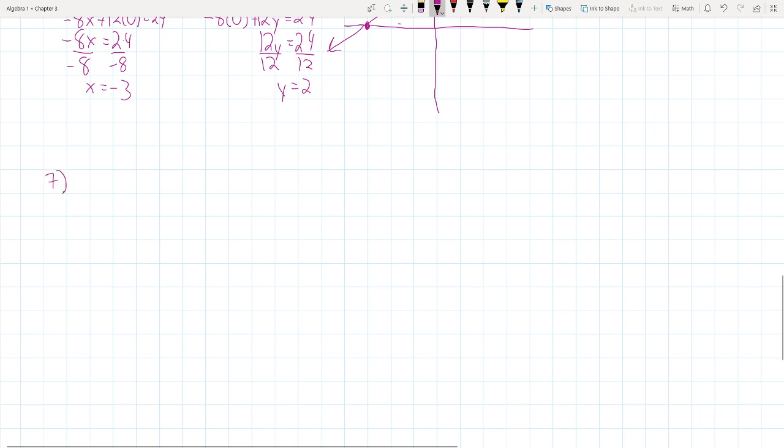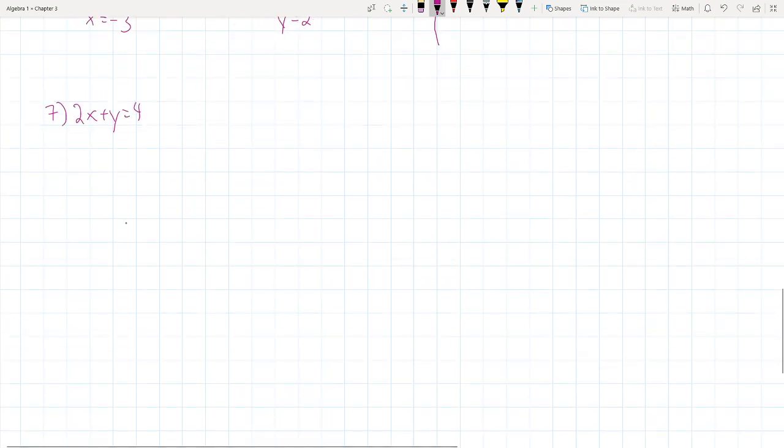Alright, number 7. 2x plus y equals 4. Again, I'm going to get my x-intercept, which I don't know the x value, but I know the y value is 0.